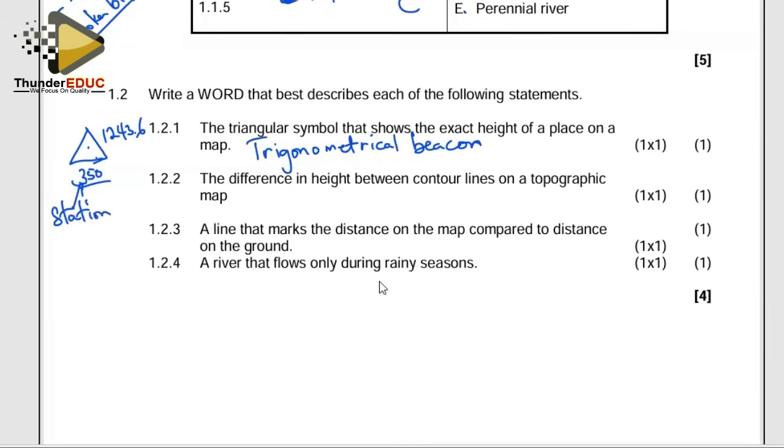They have got what we call station numbers or beacon numbers. The whole number that you see there is a station number. And the number with a decimal, that is the specific height, the exact height of that particular place in meters.